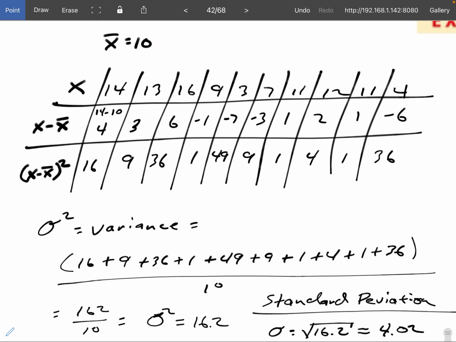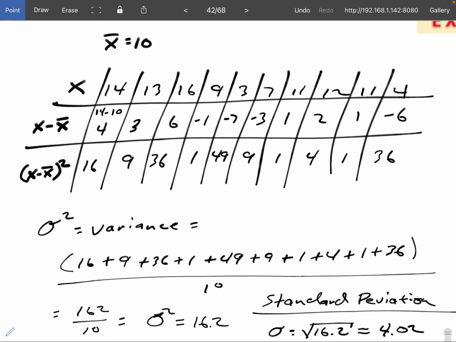And then if I go out 2 standard deviations, 10 plus 2 times 4.02, that would take me up to about 18. And if I did 10 minus 2 times the standard deviation, that would be about 2, right?